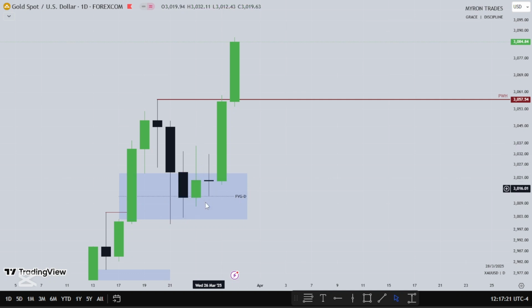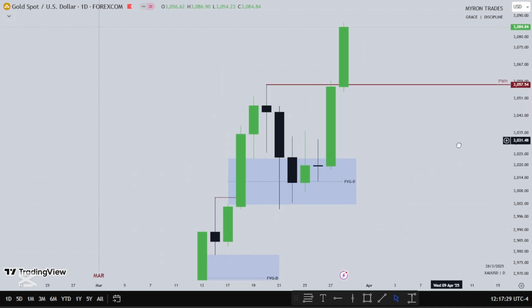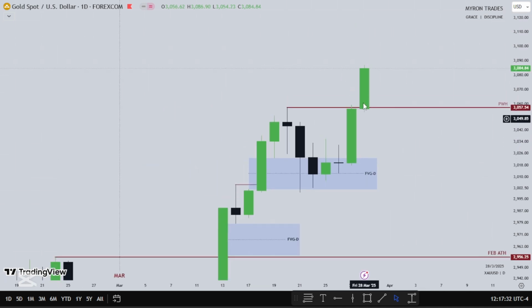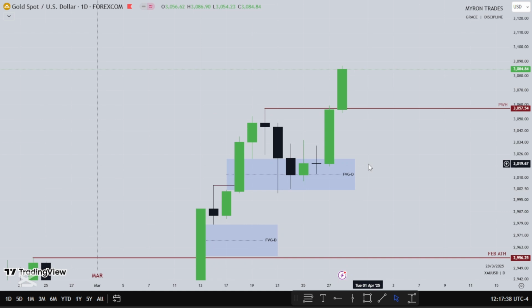Tries to go up on Tuesday, Wednesday, then Thursday, with the dollar being what? Bearish on Thursday and Friday. What did gold do? See how gold capitalized on dollar weakness and had this expansion higher, right? That's gold for you.